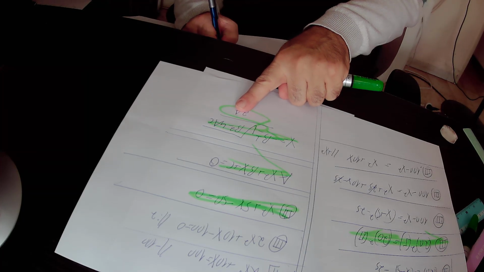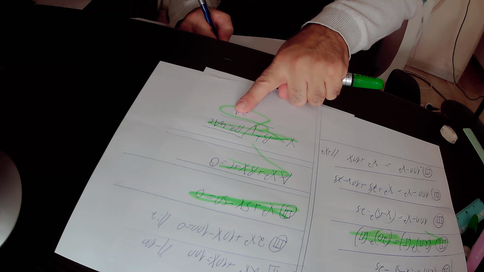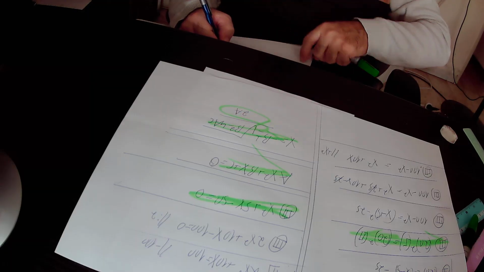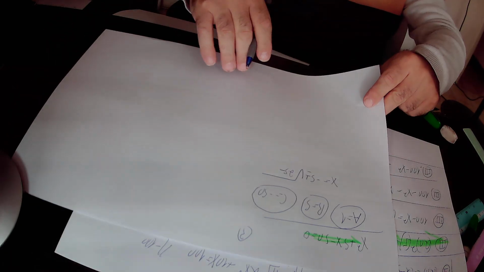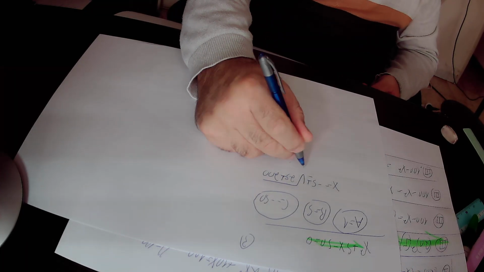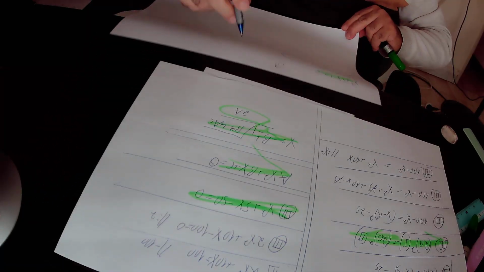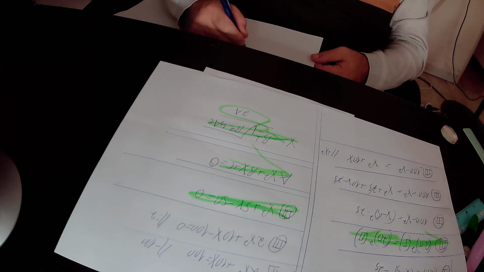Minus 4 times A times C. A is 1, so minus 4 times 1 is minus 4 times C. C is minus 50, so minus 4 times minus 50 is plus 200. So inside the root we have 25 plus 200, divided by 2A. A is 1, so 2A is 2 times 1, that is 2.